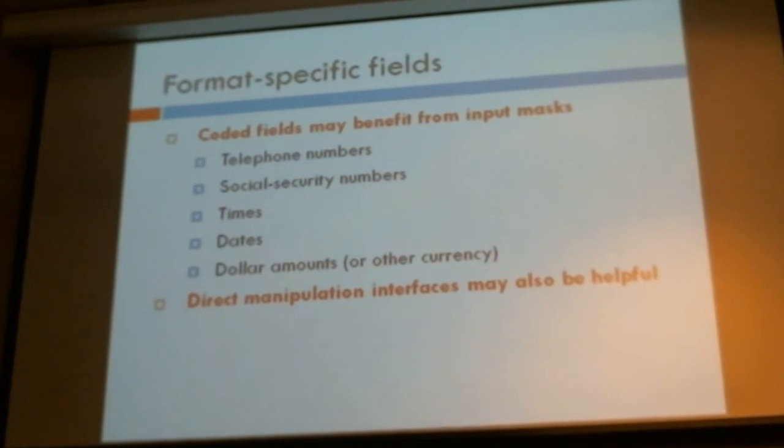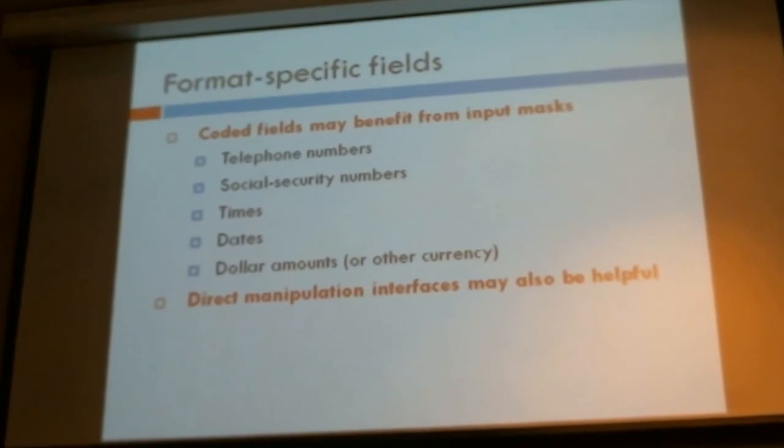Okay? So for telephone numbers, social security numbers, times, dates, we can use input masks to say phone numbers for this website have to be in numeric format. Or where you can only use the parentheses or the dashes. But let your user know what your format is. Okay? We have validation checks for all of these things, right?